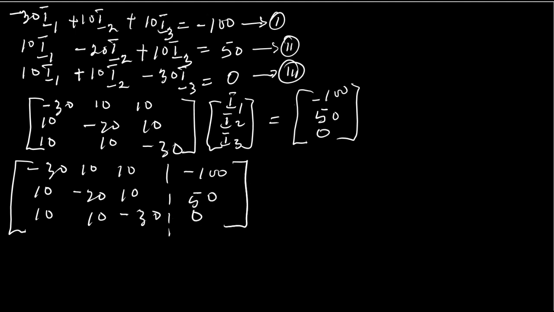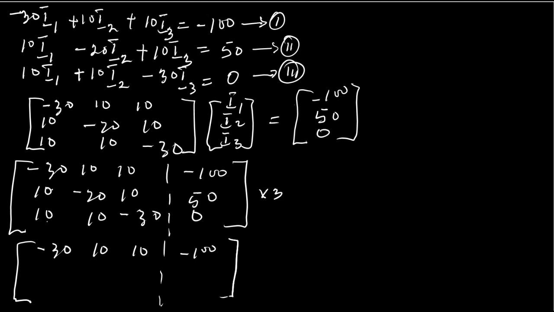Now, what I'll be doing is zeroing the first item here, and the first item here too. The easiest way to do this for the first item is simply to multiply this row by 3 and add the first row. So it should look like this. Here is minus 30, 10, 10, and here is minus 100.